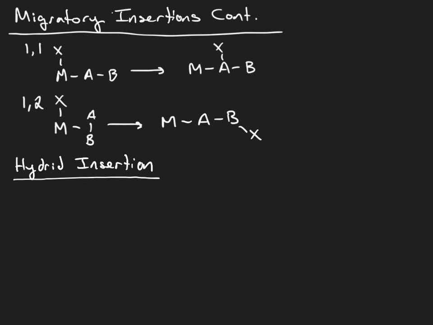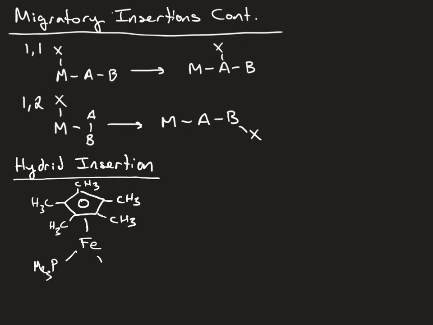And what we're going to look at is an iron Cp star. So Cp star is just like Cp, but each carbon on the cyclopentadienyl ring has a methyl attached to it. This is bound in an eta-5 fashion to iron. We're going to have this particular set of ligands bound in the other 3 vacant sites.